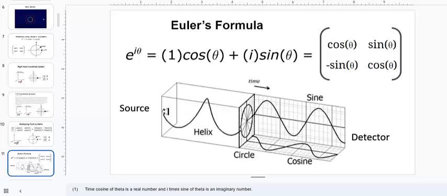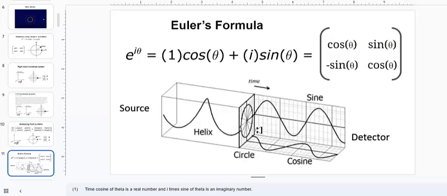I am propagating from one end of the z-axis to the other end, and at each z position along this path, I will be drawing a sphere, and that sphere is going to be somewhere on this unit circle.